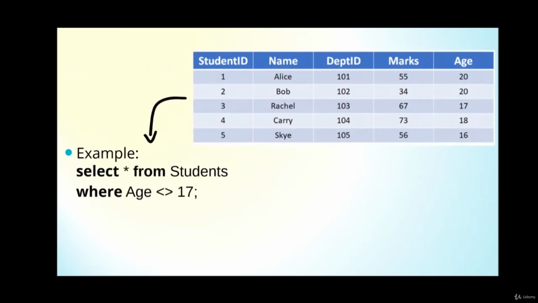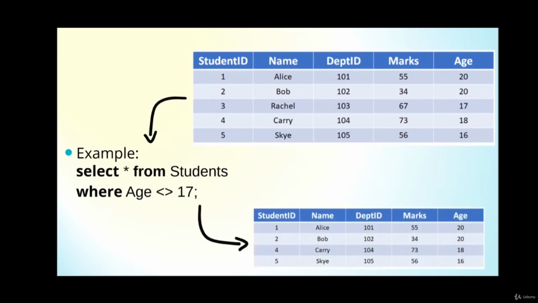So it will look for those students who have age not equal to 18. In this case, Alice, Bob, Carrie and Sky have age not equal to 18, so their details will be displayed in the output table.